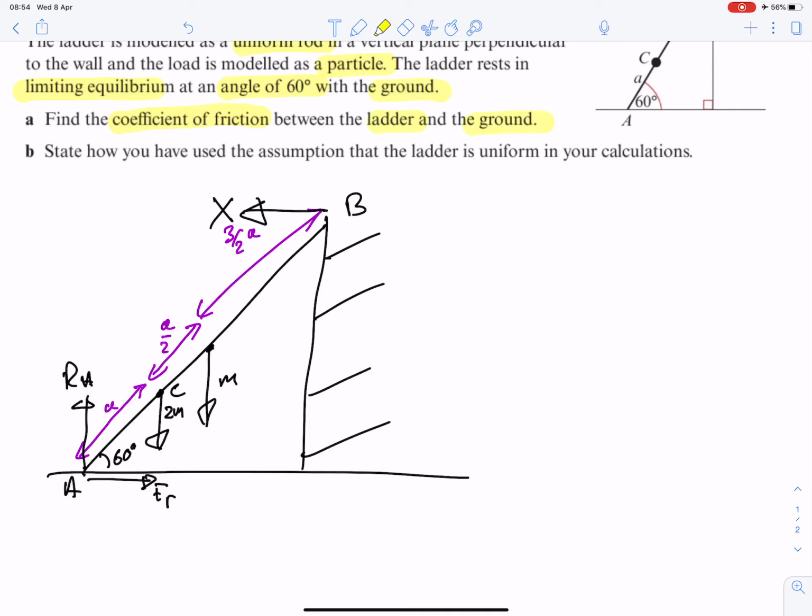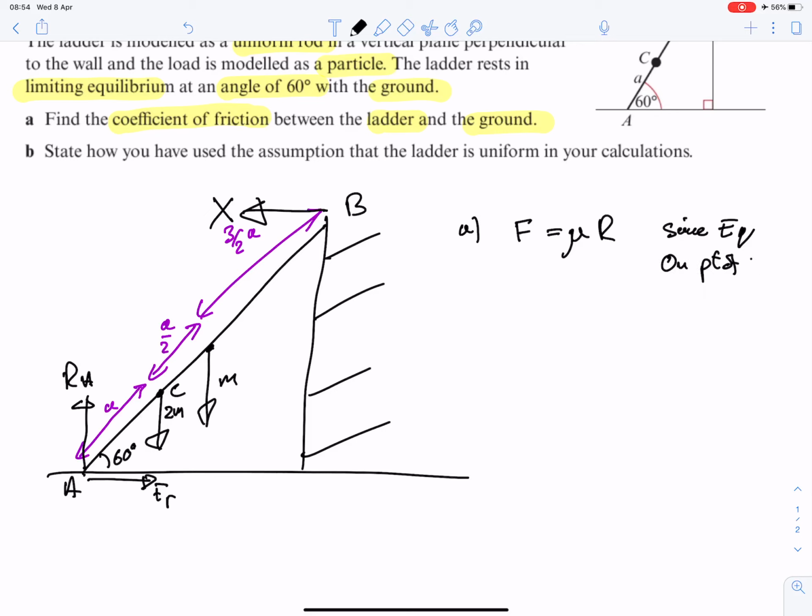Okay, so let's go back to the question. Now we've got the diagram and all the forces acting on it. This is our wall here. Go back to the question and see what we're asked to find. We need the coefficient of friction between the ladder and the ground.